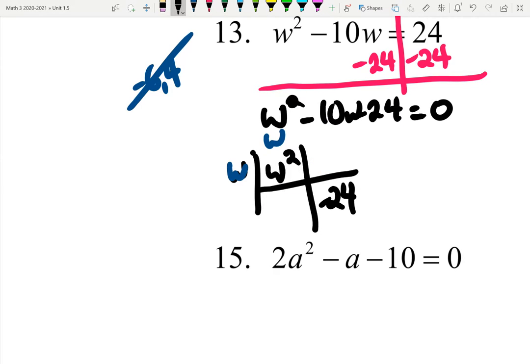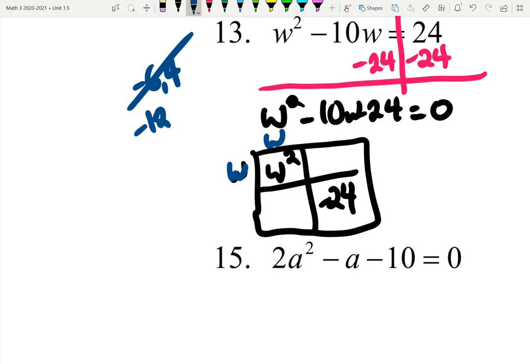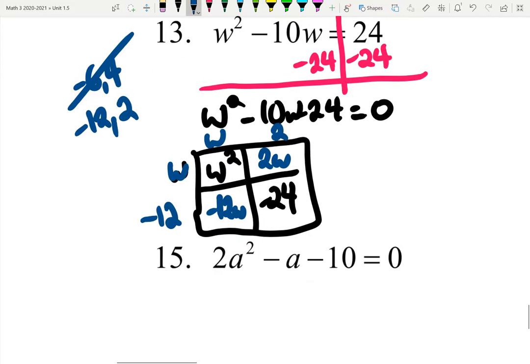So my next tool in my option is to think what other numbers go into 24, and I'm going to try negative 12 and 2, because I see that when I multiply them together, they equal negative 24, and when I add them, it will equal negative 10w. So this factors.